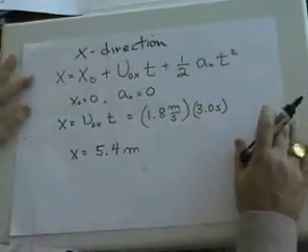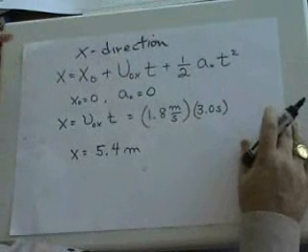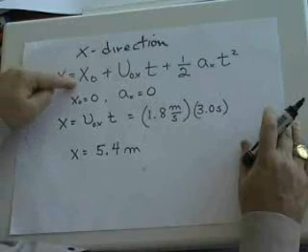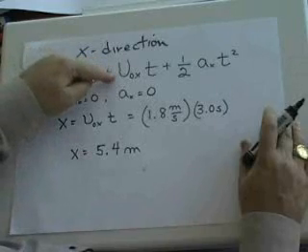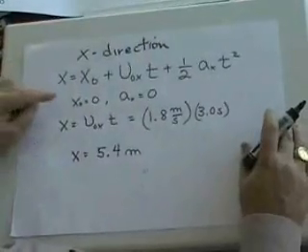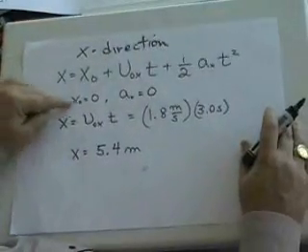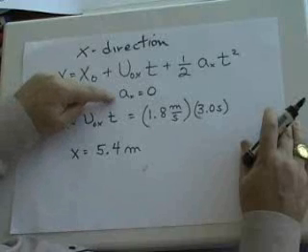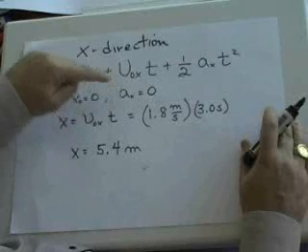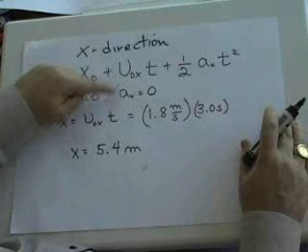Let's look at the x direction first. We'll use the x equation of motion: x equals x naught plus v naught x t plus 1/2 a_x t squared. x naught, where they start from, is 0, and a_x is always 0 for horizontal flight and projectile motion questions. There's no acceleration in the x direction.